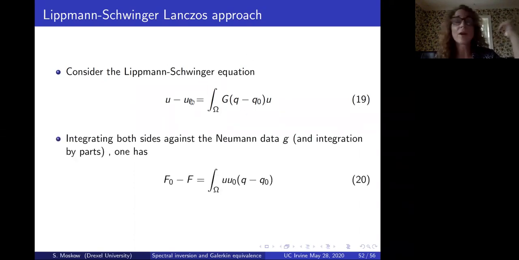Since for our problem here, our data is in the form of integrals of the solution against these receivers or the Neumann data, if we integrate both sides against G and integrate by parts, we get a formula for F0 minus F, F0 being the data for the background and F being the data for the perturbed problem, equal to integrals of the U times the background solutions Q minus Q0.